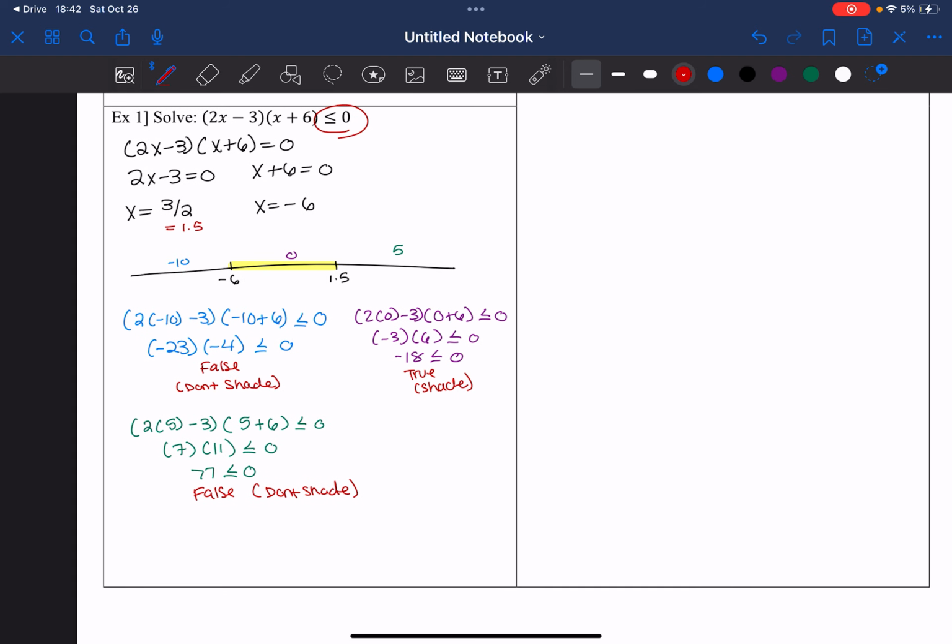So I am going to say that the answer is -6 is less than or equal to x, which is less than or equal to 1.5. That's my answer. So on example 1, it was already factored for us. It gave us our quadratic equation already in intercept form.